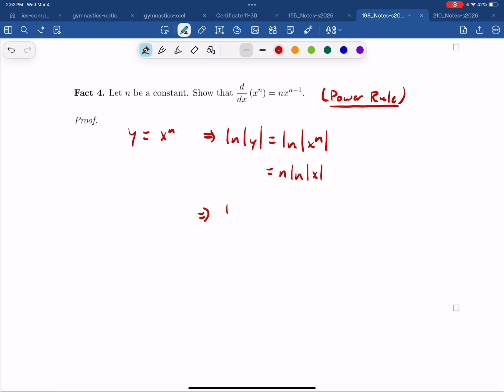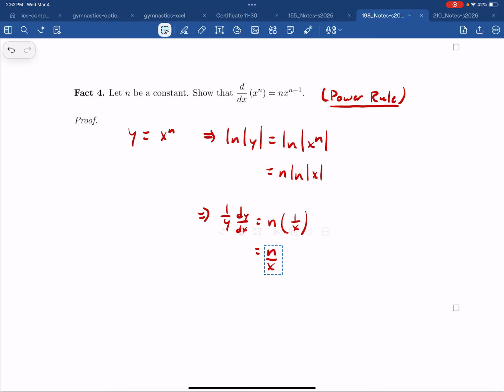Implicitly differentiate, we get 1 over y dy over dx equals, well, let's think. n is a constant, so just keep it along for the ride, times 1 over x, right? And that equals n over x. I think it's a little bit nicer to write it that way.